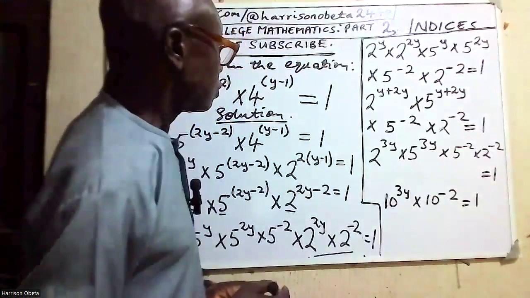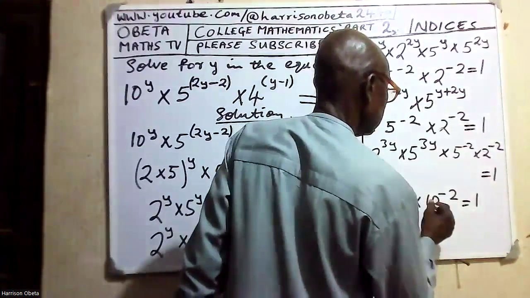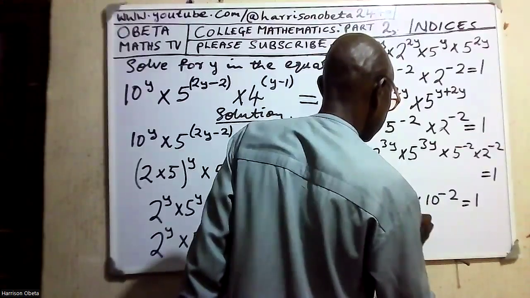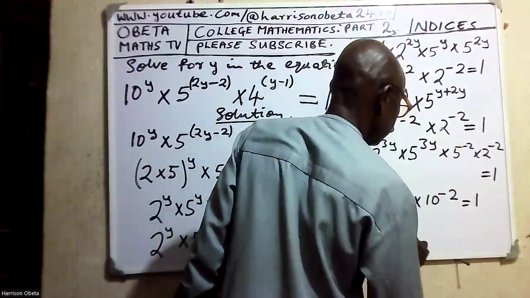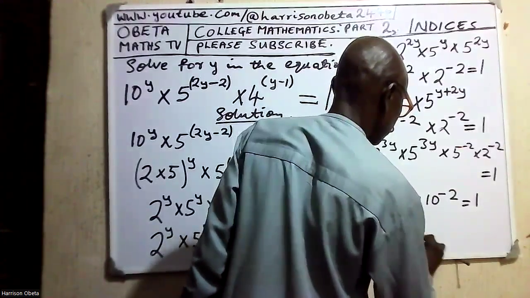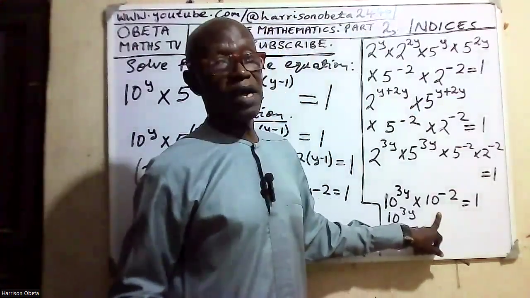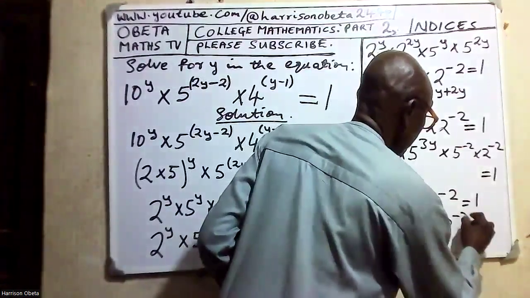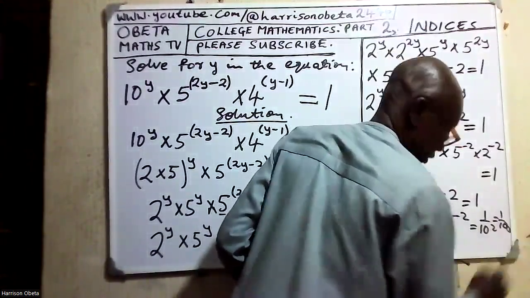Now, to continue, this is the same thing as 10 raised power 3y all over 10 raised power 2, because 10 raised power minus 2 is the same thing as 1 over 10 squared, which is 1 over 100.